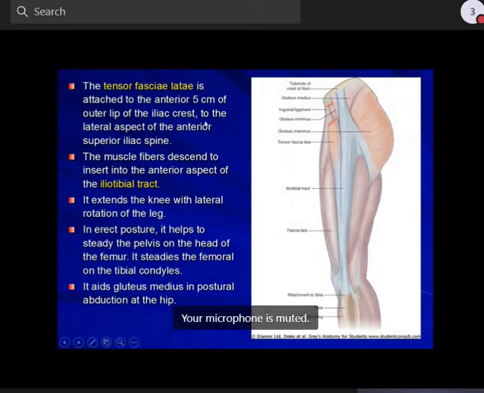So what does it mean to stabilize the knee joint? If the knee is somewhat extended, they just make extension stronger. And if we have a flexed knee, all these 3 muscles flex it more.